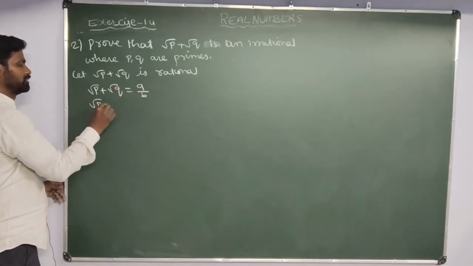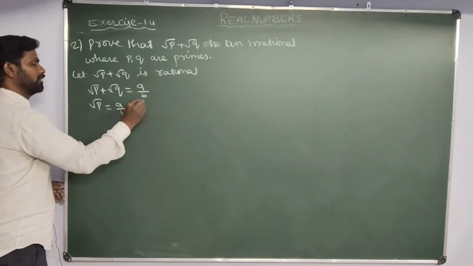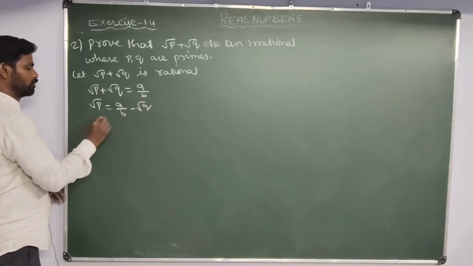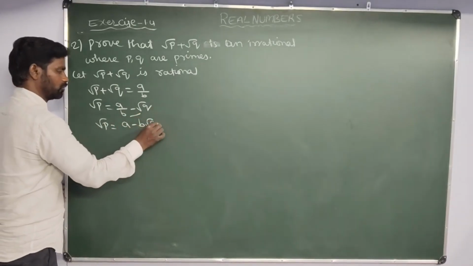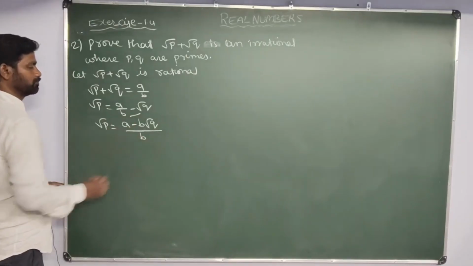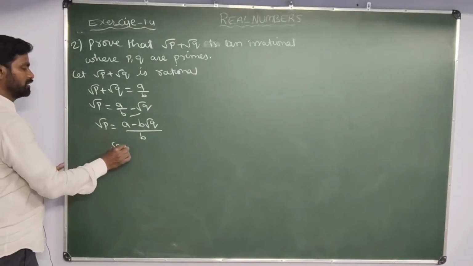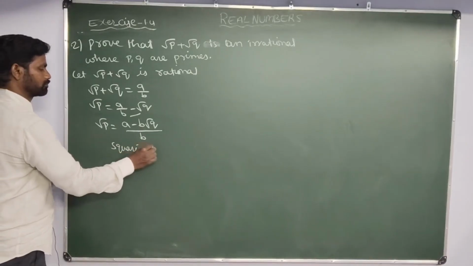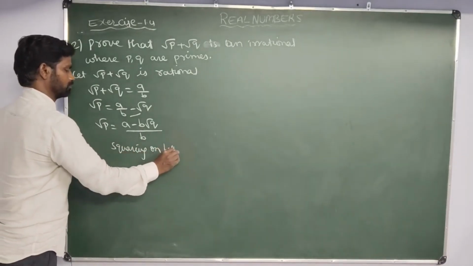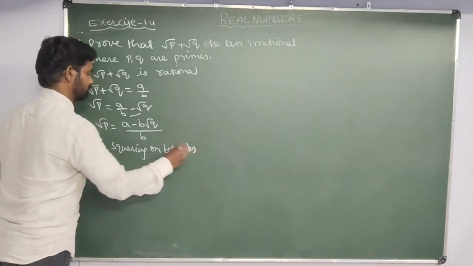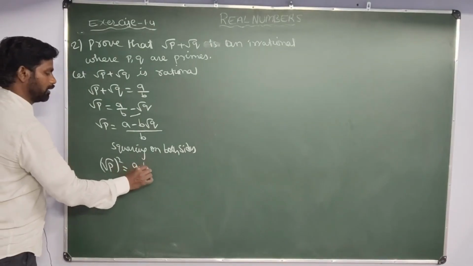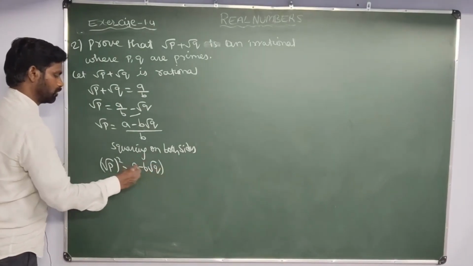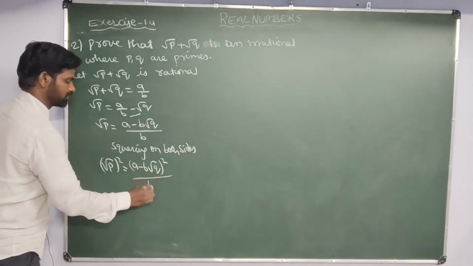So root p is equal to a by b minus root q, or root p is equal to a minus b root q by b, cross multiplication by b, squaring on both sides. That is, root p whole square is equal to a minus b root q whole square divided by b square.